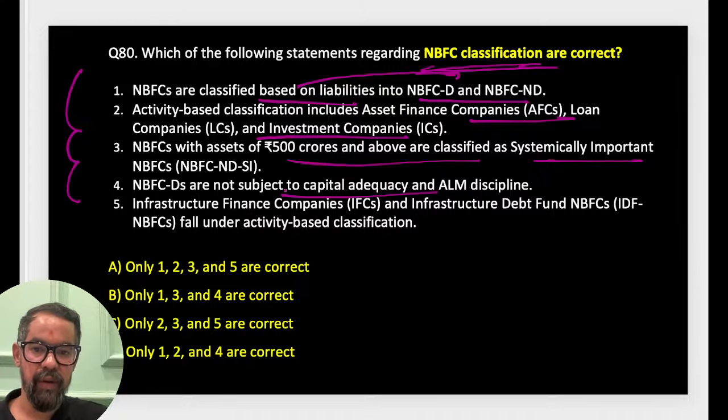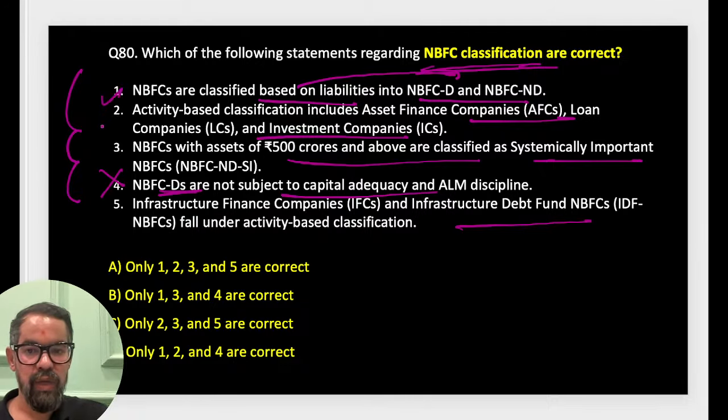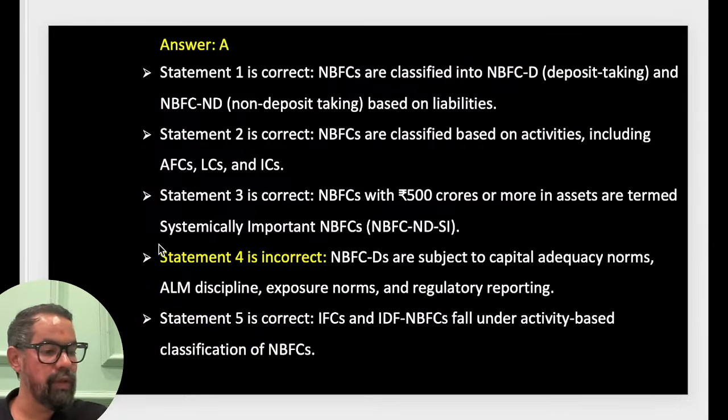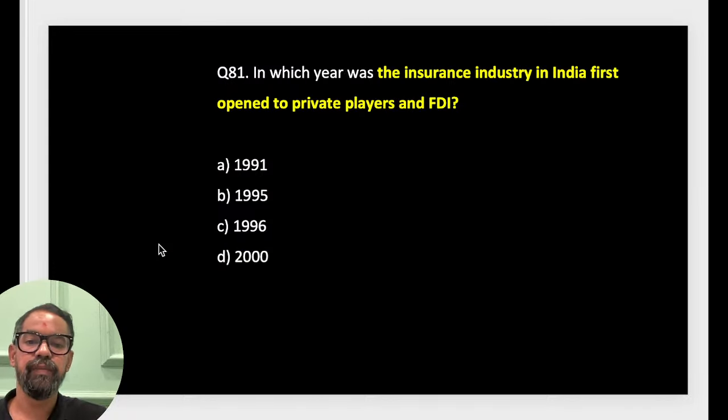Not subject to capital adequacy, deposit taking. So apart from statement 4, all are correct here. If you are a deposit taking NBFC, you are subject to capital adequacy requirements. So 1, 2, 3, 5, option A will be the right answer for this one. Very good, well done. Next one.